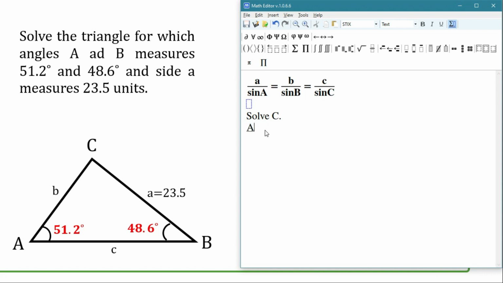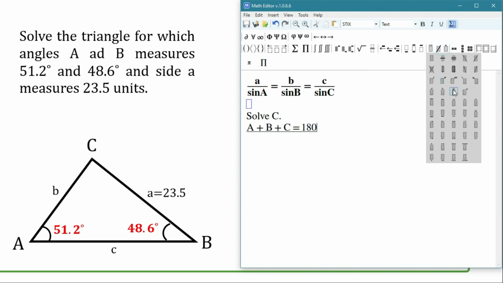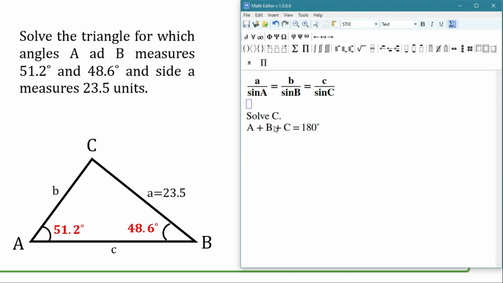So we can say that A plus B plus C equals 180 degrees. Okay? So, pwede po yun. Alright, so ito po yung ating relationship. So, hindi na po natin ito mababago dahil ito naman po ay true to all triangles. Okay? Since ang value ni A is 51.2 degrees, and so, si B naman ay 48.6 degrees.